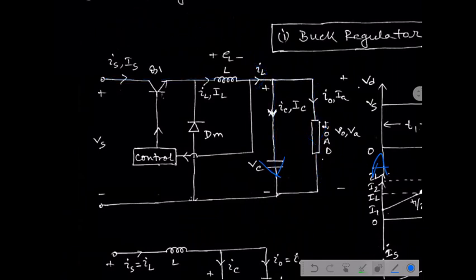I repeat one last time. When the inductor current is 30 ampere, but the current across the load is 50 ampere, the excess 20 ampere current is delivered from the capacitor. Then the capacitor is in discharging mode.